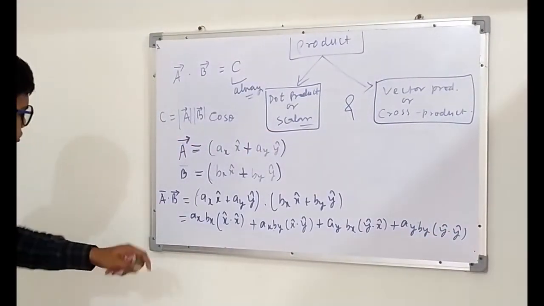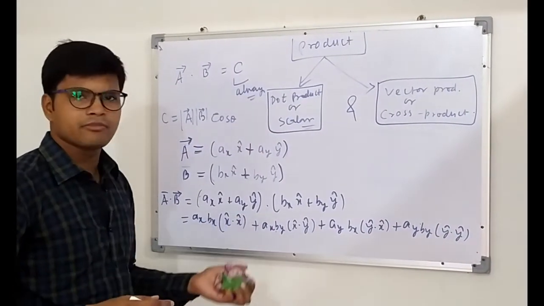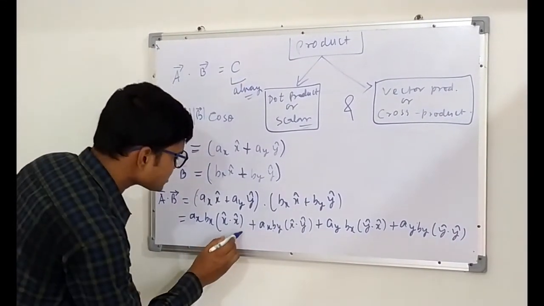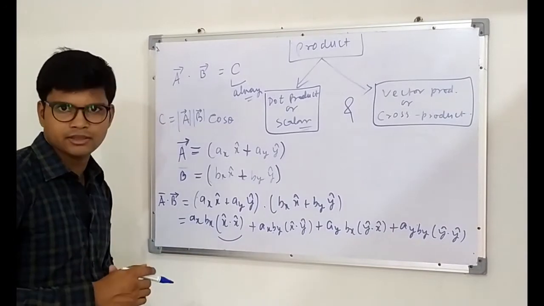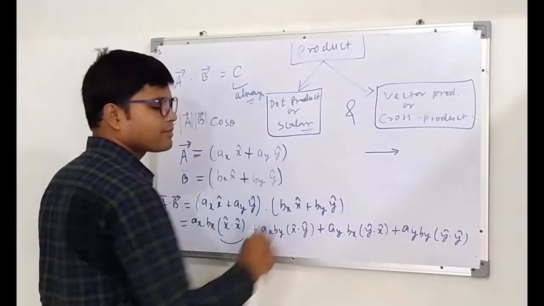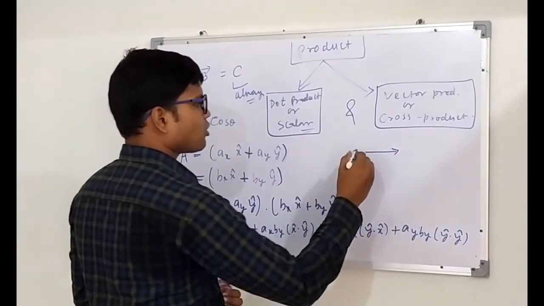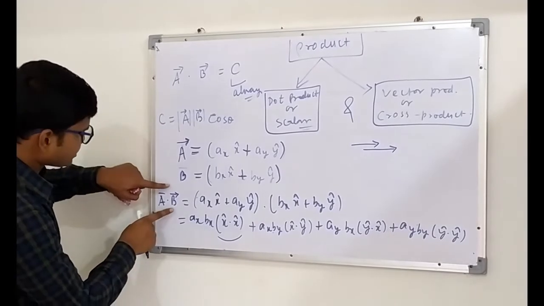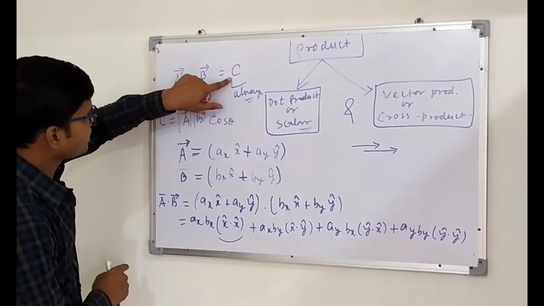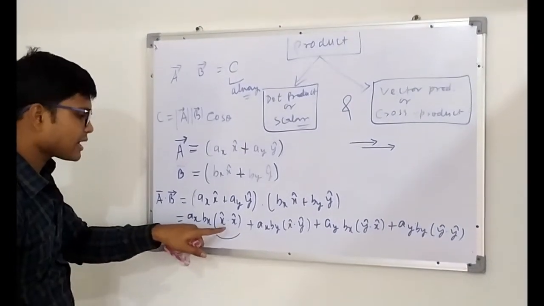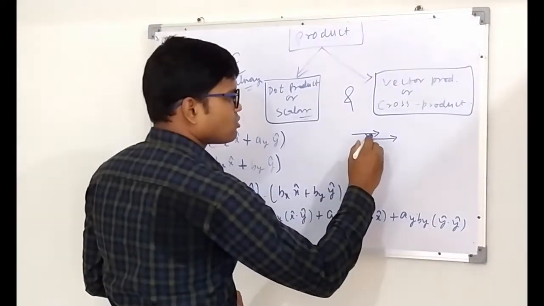Now we can say, okay fine, we know what ax bx is, it may be some magnitude like 1 1, 2 2, 3 3, but I don't understand what x hat dot x hat would be. Well, suppose x hat is the vector represented by this one, and another x hat is also this one. Whatever we are doing will give you a magnitude. So x hat and x hat, the angle between these two is 0.